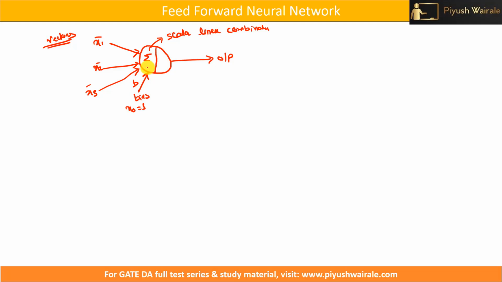So how does it work? Basically it is xi into wi plus this particular bias. What is xi? These dendrites, or we can say inputs x1, x2, x3. What is wi? wi is basically the respective weight of each input, like w3 for example.